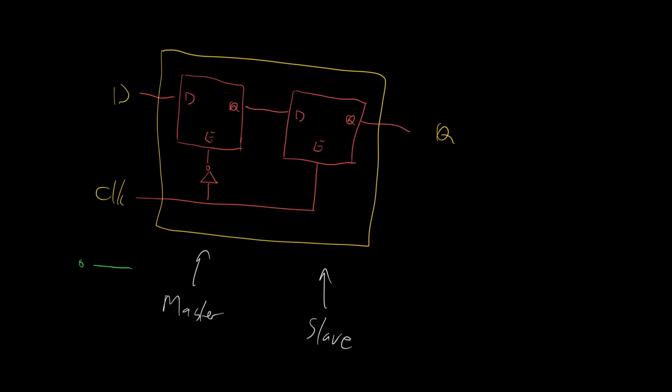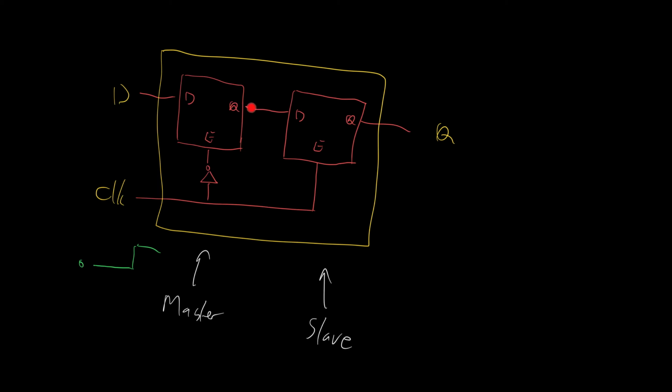Next, we have a transition. The clock transitions to a logic 1. This means that the master D-latch is going to remember the last value of D at the rising edge of the clock. Because the enable pin goes low at the rising edge, that stops the output from copying the input.